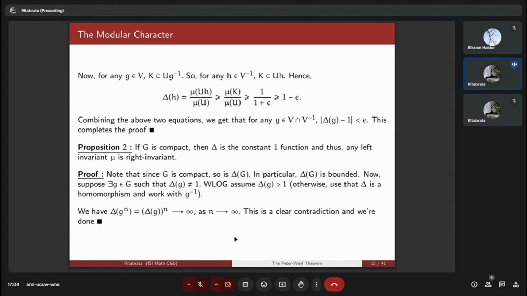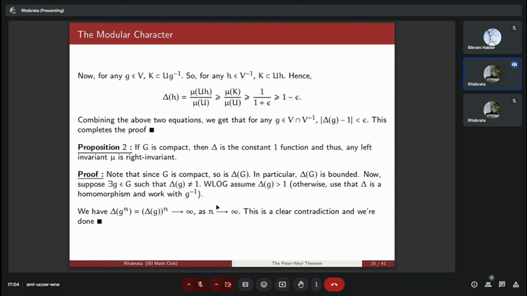Now delta of g to the power n is delta g whole power n, and this gets unbounded because the value of delta g is greater than 1. This clearly shows that the image of delta is unbounded, which is a contradiction. So there is no group element for which delta of g is not equal to 1. So delta is a trivial map.